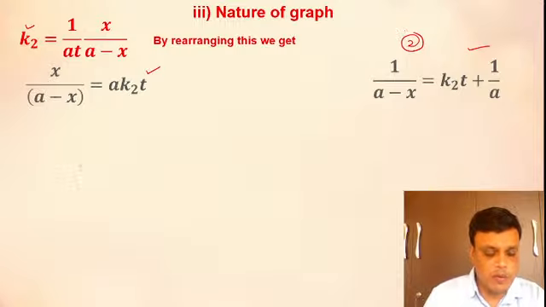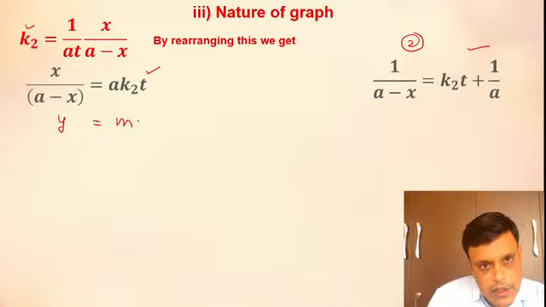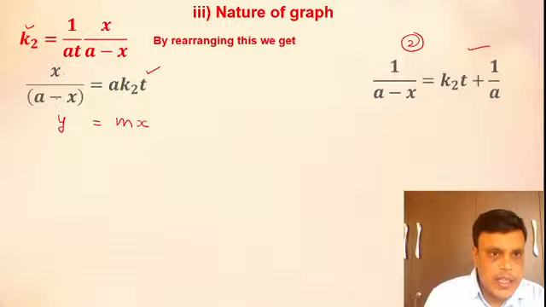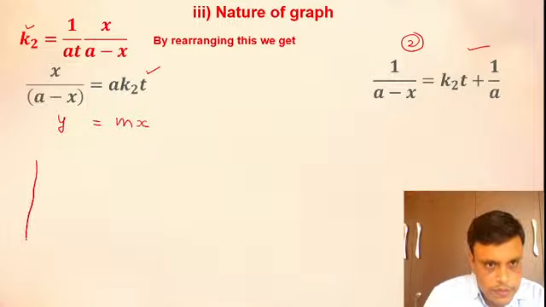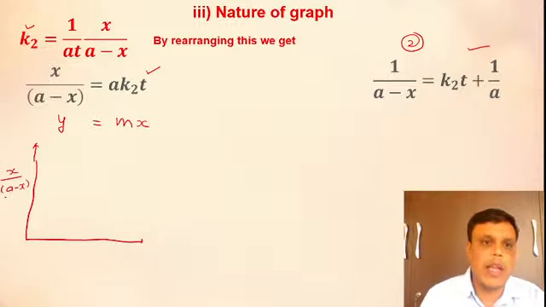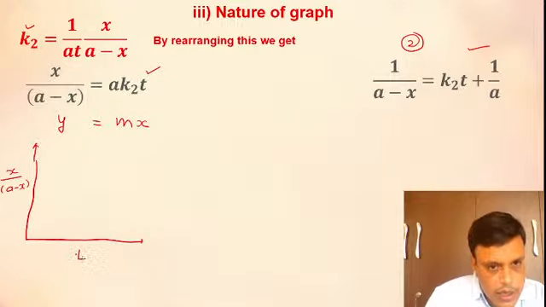So we will talk about this first way. This first way is nothing but y is equal to mx, and if you plot the graph of x divided by a minus x versus t, we will get a straight line passing through the origin. So on the y-axis we will take x divided by a minus x, and on the x-axis we will take time.